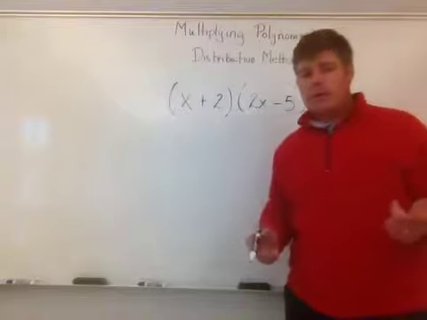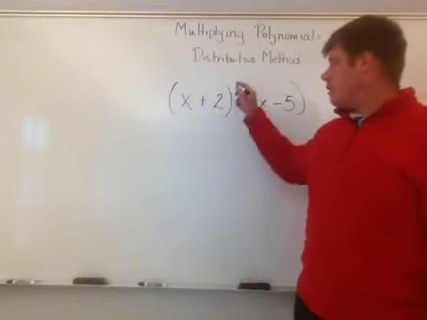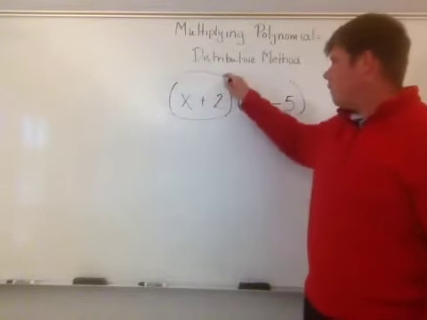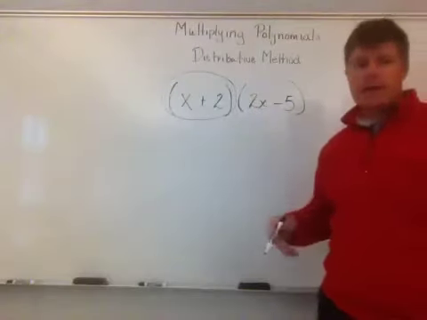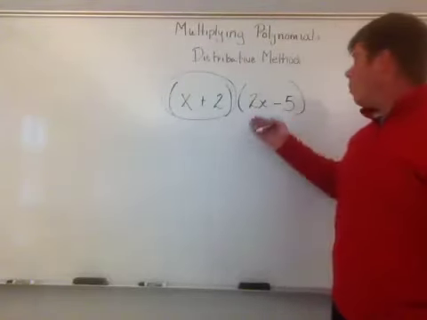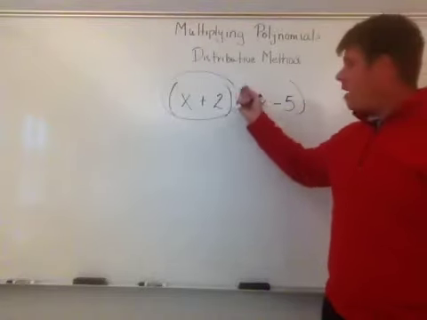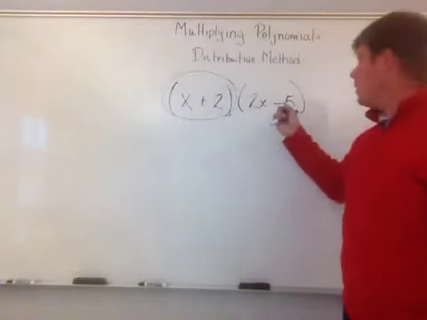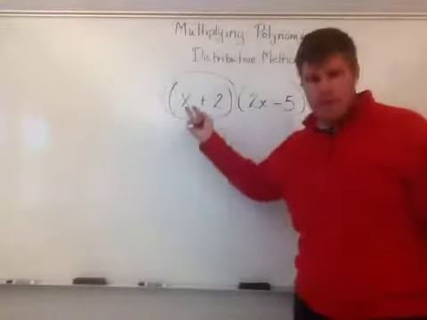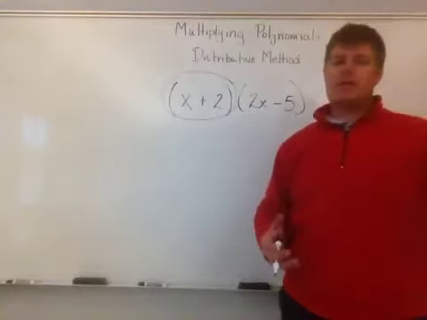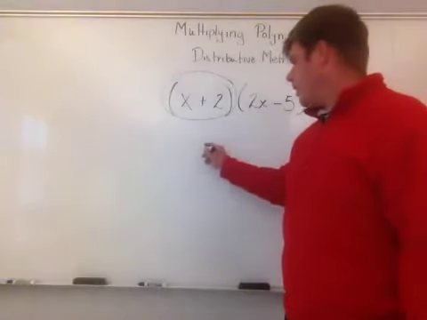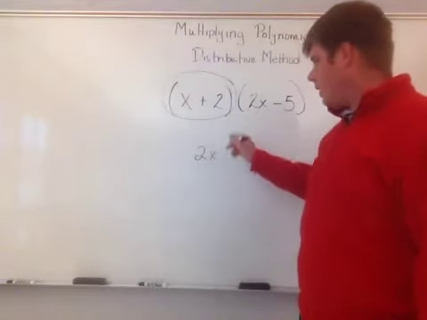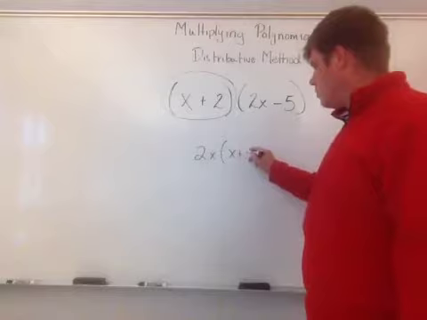So I'm actually going to write this quantity of x plus 2 as a multiplication of each term inside here. I'm going to write out 2x times this value of x plus 2 and negative 5 times this value of x plus 2, going back to the distributive method. So let's go ahead and do that. I take 2x and write it as a multiplication of x plus 2.